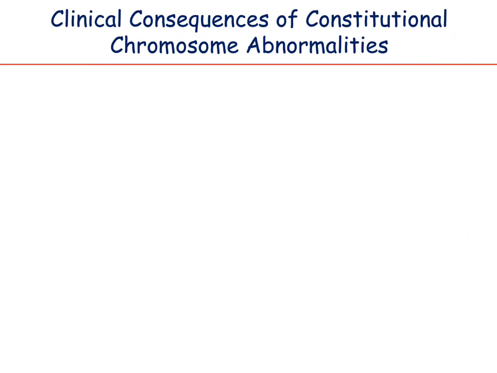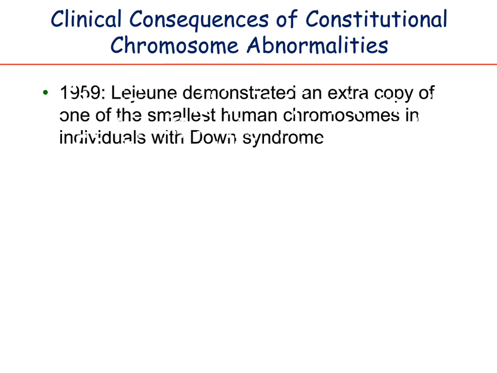So what happens when things go wrong, when you get an imbalance? The clinical consequences of constitutional chromosome abnormalities have been understood for quite a while. We had Lejeune in 1959 demonstrating that an extra copy of the smallest human chromosome, which turned out to be chromosome 21, is responsible for those individuals with a phenotype of Down syndrome.